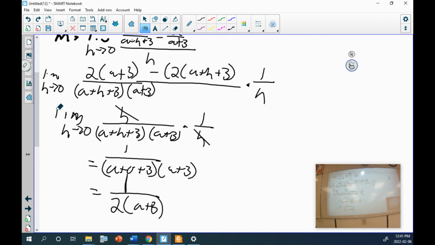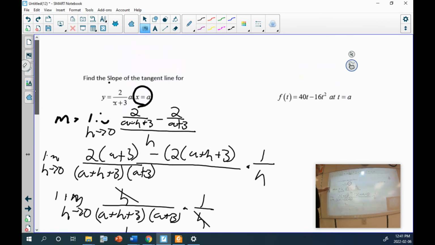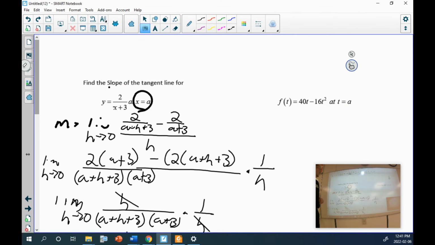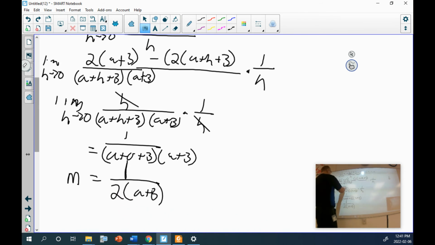Again, I'm really sorry about the messiness of my writing, which is even worse than normal. There's the equation that defines the slope of that function at any point a on that function. Oops, I did miss a 2 here, so there should be a 2 there.